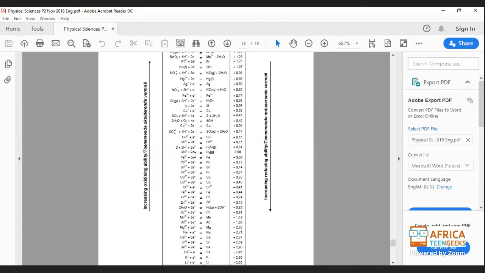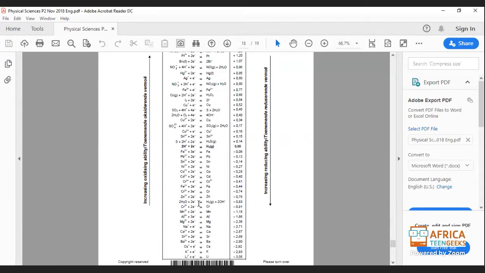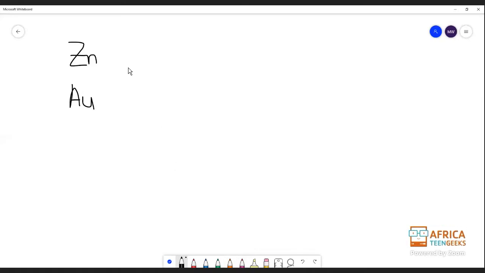So what you should see from it is that your zinc is going to be the one that undergoes oxidation. So it is the one that wants to lose electrons. If we go back to this reaction that I was busy writing, the zinc is going to go from a solid state to an aqueous state because it has that negative value.